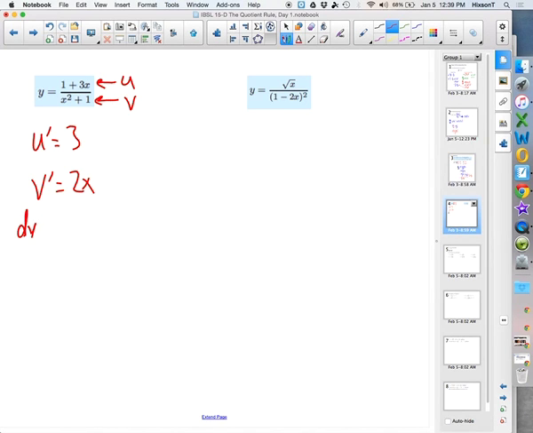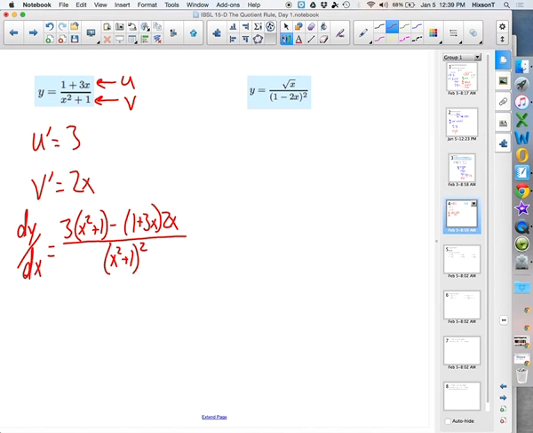So, u prime v minus uv prime all over v squared. 3 times x squared plus 1, right? Minus 1 plus 3x times 2x over x squared plus 1 squared. There you go.